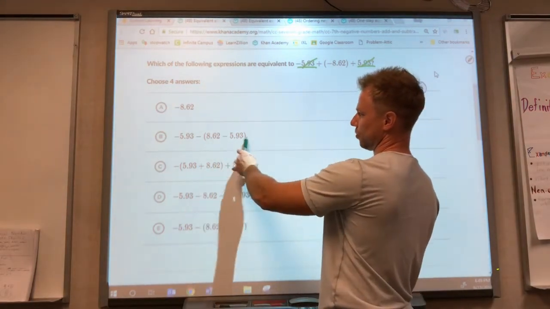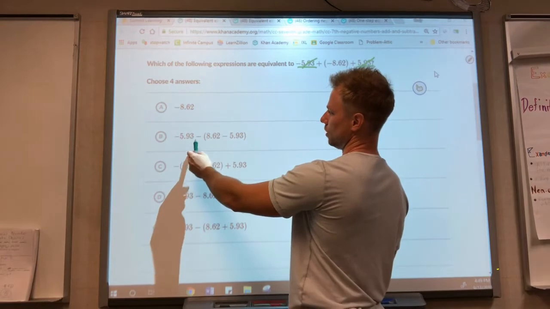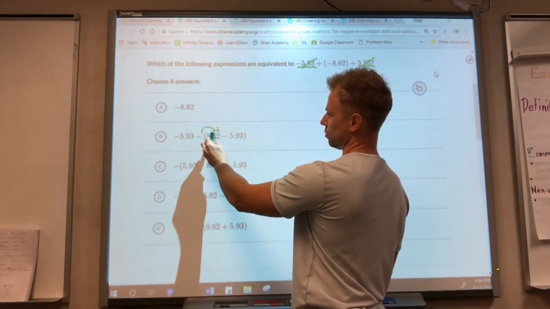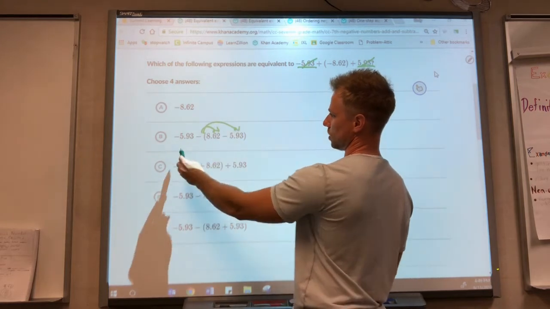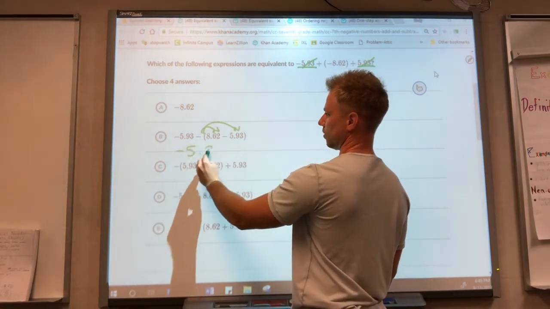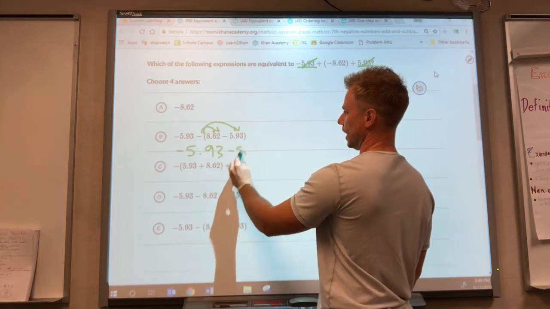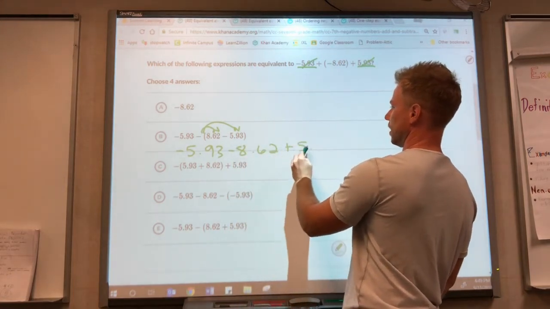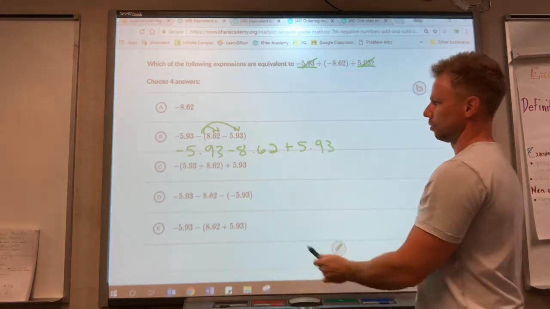Okay, here they have parentheses around these two. So what that means, this negative out front has to be distributed to both of these numbers. So that turns into -5.93 minus 8.62 plus 5.93. How did I get the plus?